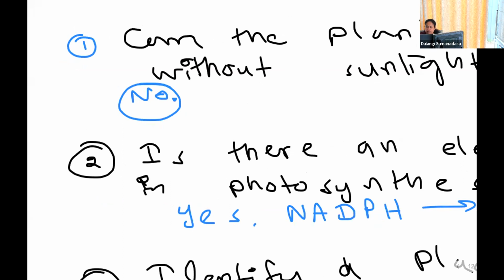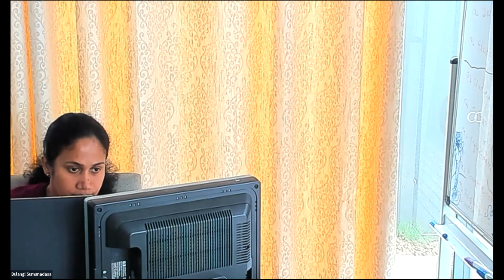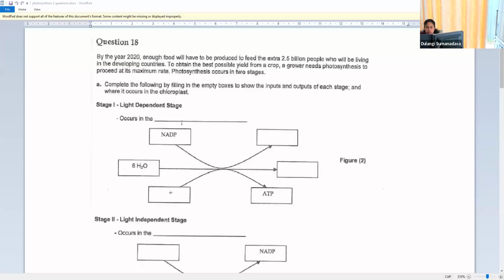It includes the one we did earlier. Just do the first one only, the one about the things that change the rate of reaction. Question number 18, do 18.